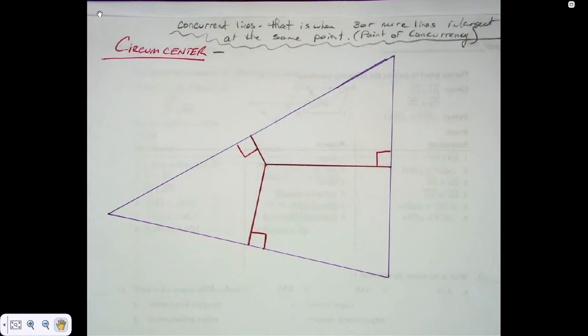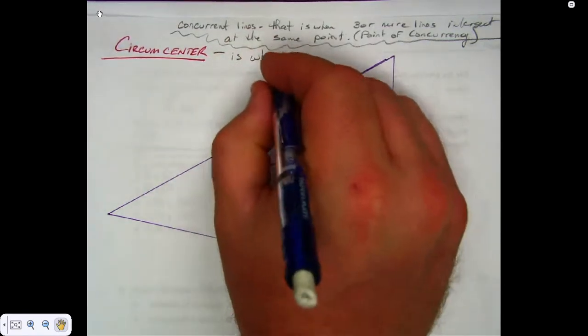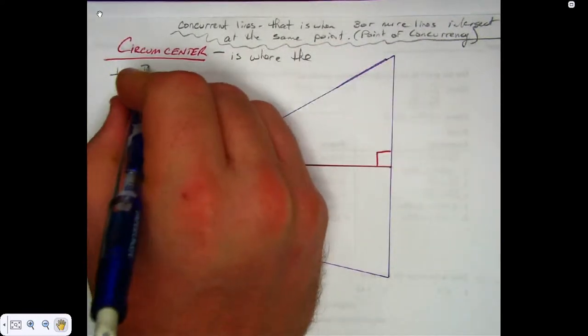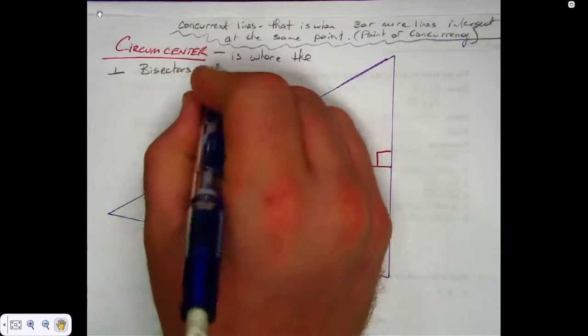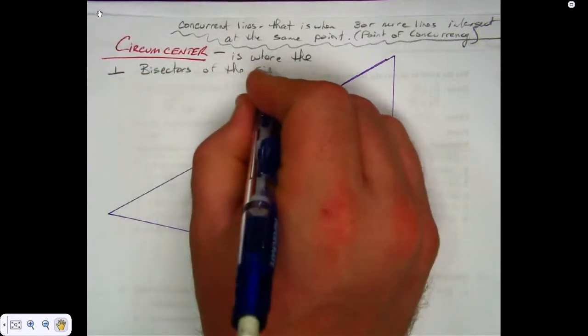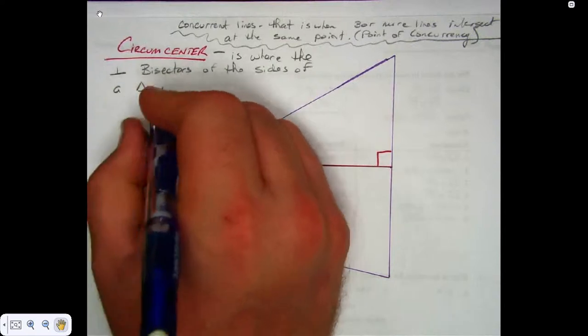The circumcenter is where the perpendicular bisectors of the sides of a triangle meet.